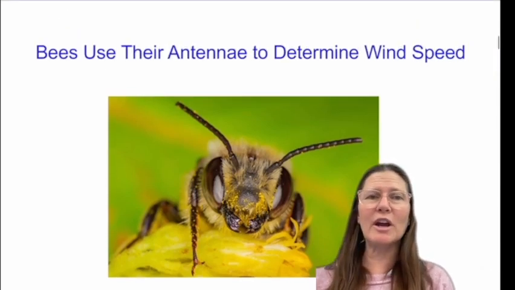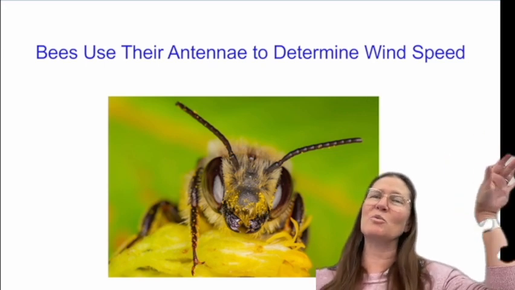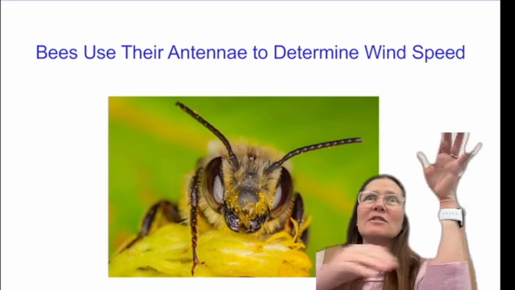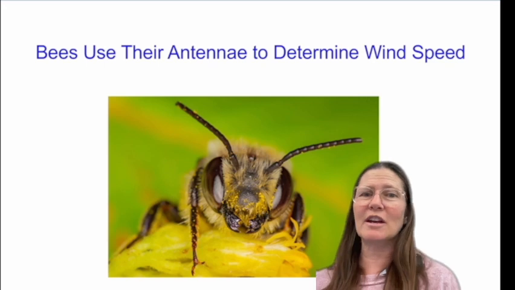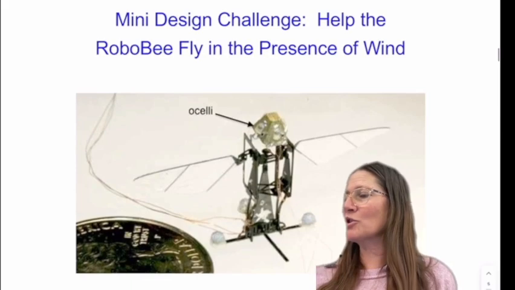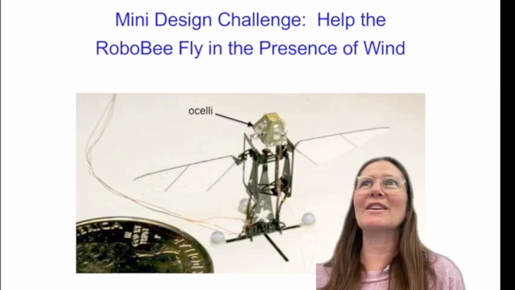So this took the idea of bees that use their antenna to actually determine wind speed. As it's blowing by them, they're able to detect it using the sensors that are in their antenna. So how could you actually detect the presence of wind on something like this? Any thoughts?